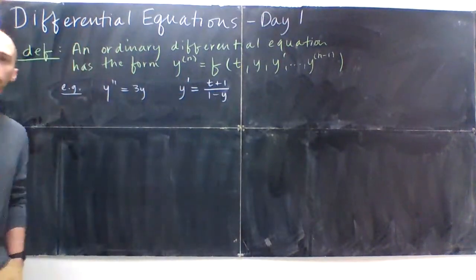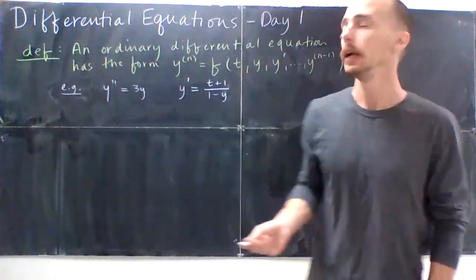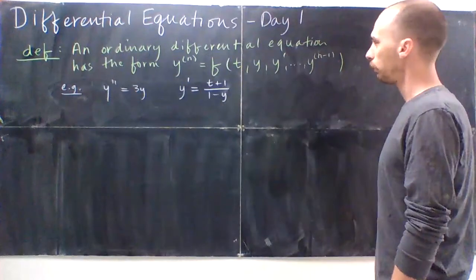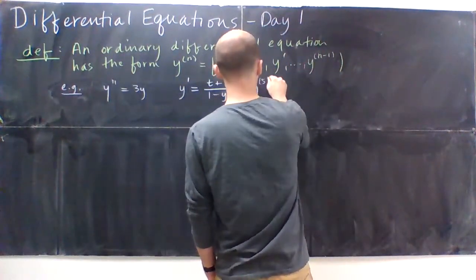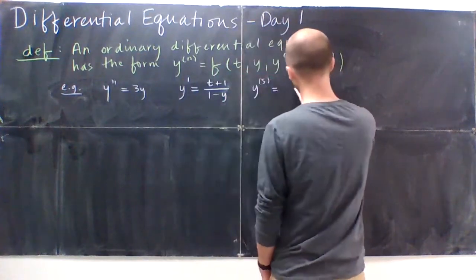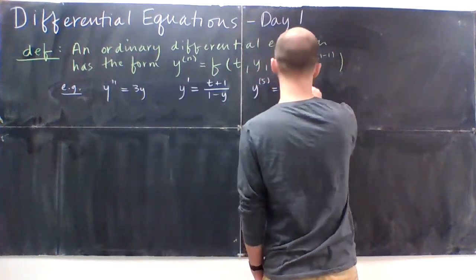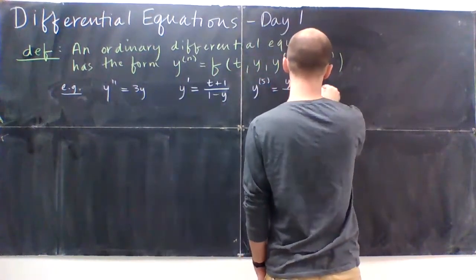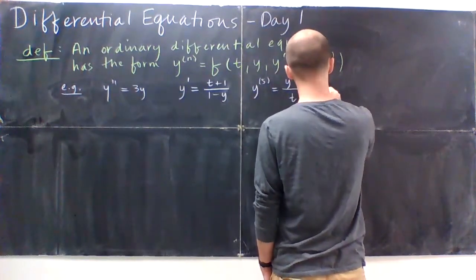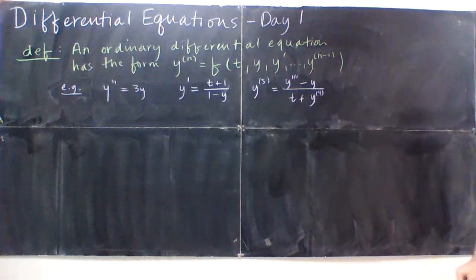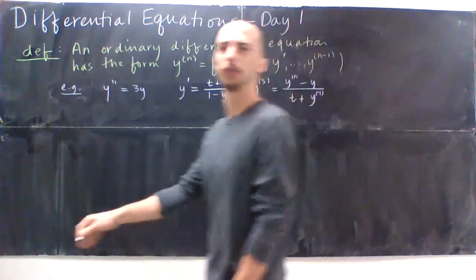This is looking like something we could probably solve with separation of variables, right? Or maybe, in the worst case, y's fifth derivative equals y triple prime minus y divided by t plus y's fourth derivative. That one, somehow I think there's not going to be a solution to that.